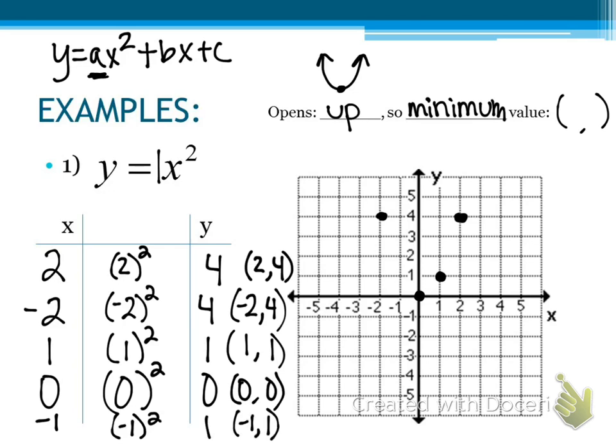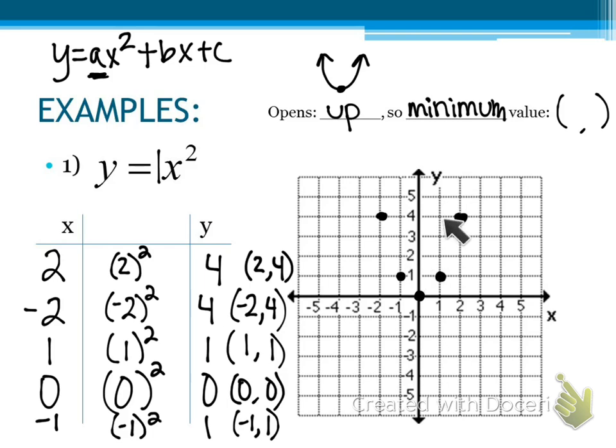So -1 comma +1, how do I get there? Left 1, up 1. All right, so now we get a good idea about our U shape here.